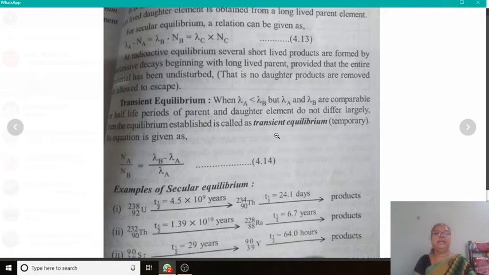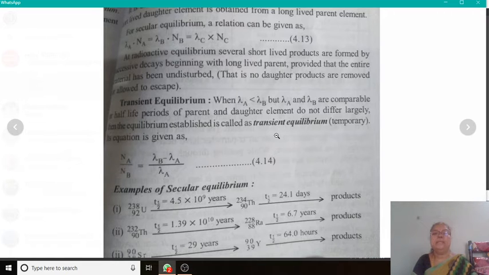Then the transient equilibrium, that means when lambda A is less than lambda B, where lambda A is the decay constant of the parent as usual and lambda B is the decay constant of the daughter, but lambda A and lambda B are comparable. If the half-life periods of parent and daughter element do not differ largely, then the equilibrium is established and it is called transient equilibrium.